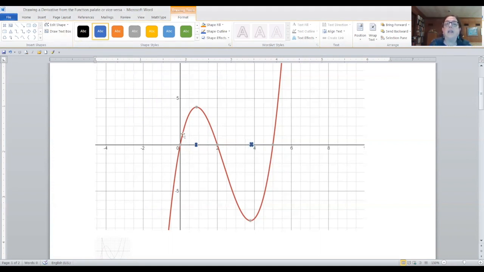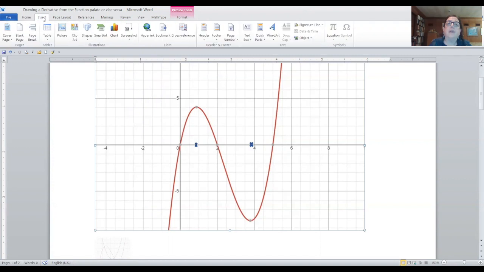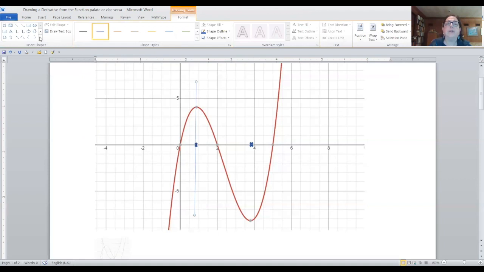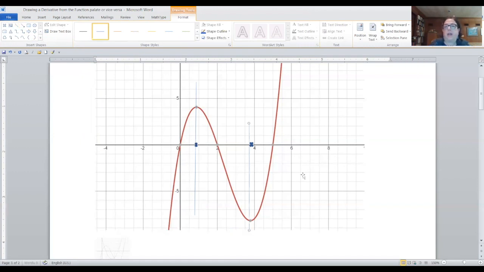And again, these are very nice because these are actually points that the derivative is going to go through. Furthermore, it can be very nice to insert a vertical line. It would go through the maximum and the X value where the maximum occurs, and similarly through the minimum and the X value where that occurs.